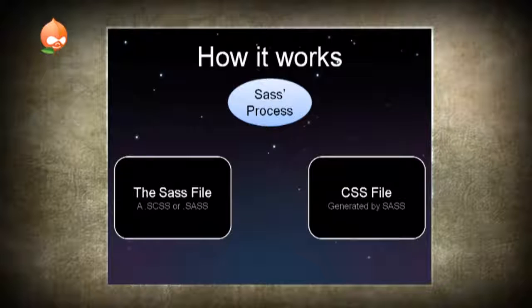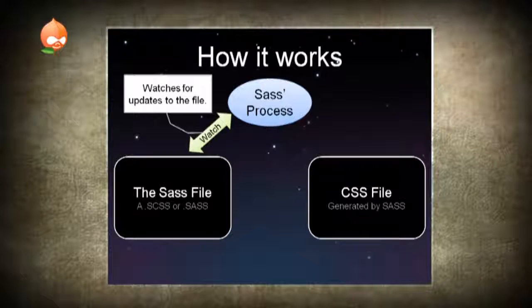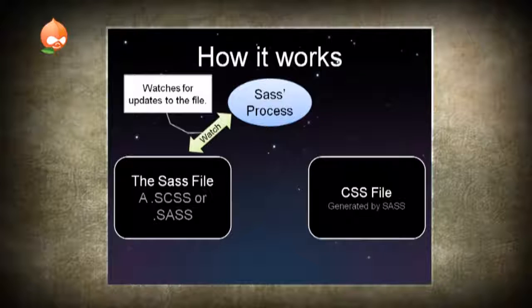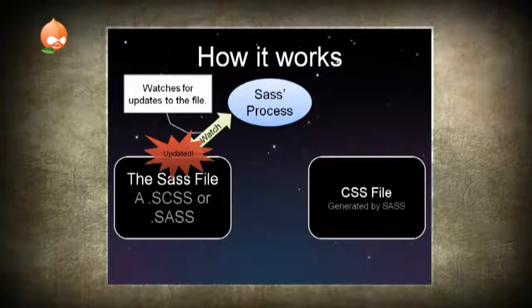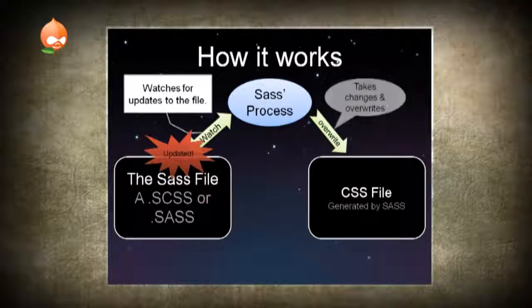So here's how it works. Basically, we have Sass's process running on a machine, executed from the command line, which is what we're going to do in my demonstration today. And then you have a Sass file and a CSS file. What the Sass process does is it watches for updates to that Sass file that we're editing. And then when an update's made, it overwrites the existing CSS file with the changes.